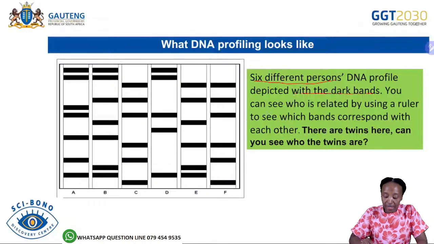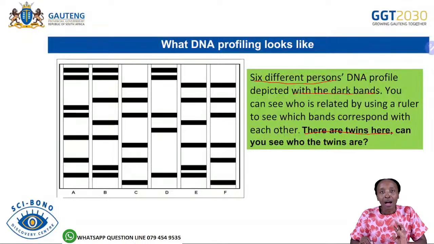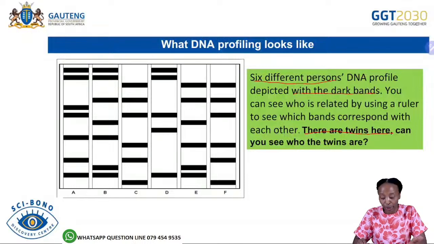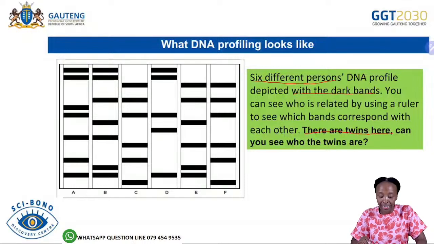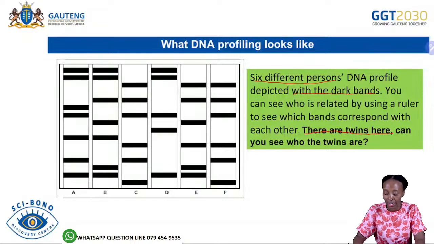When you look at this, you can see that there are 2 people that are related here, and those 2 people are twins. One thing about twins that you need to know is that each and every person has a unique DNA profile, except for the twins. Those are the only people that have an identical DNA profile. The rest of us have a unique DNA profile that does not match anyone else.